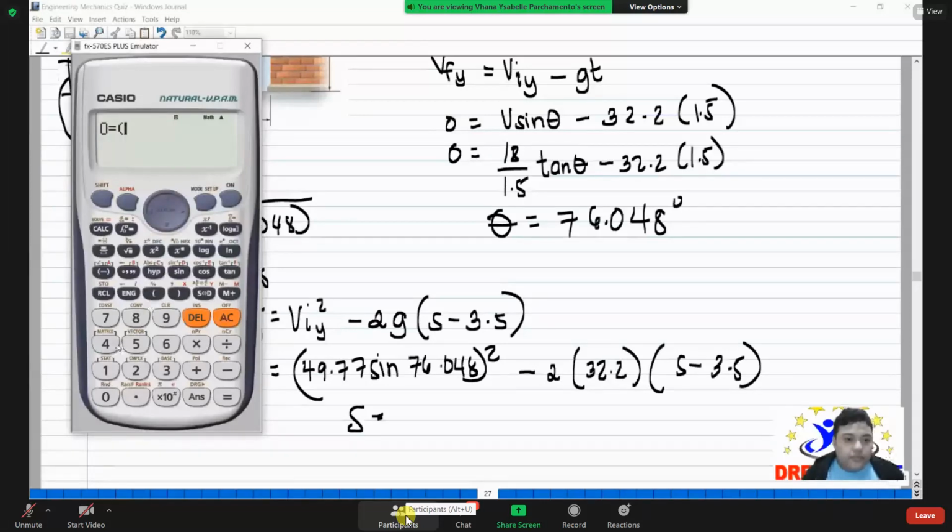So 0 is equal to 49.77 sine of 76.048. So this is the quantity squared minus 2 times 32.2 times yung ating unknown S or H minus 3.5.